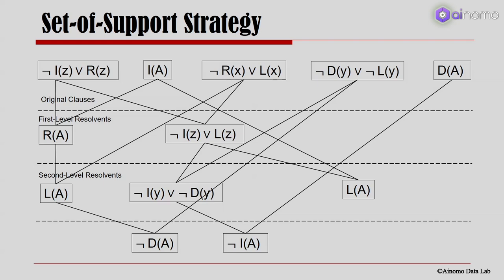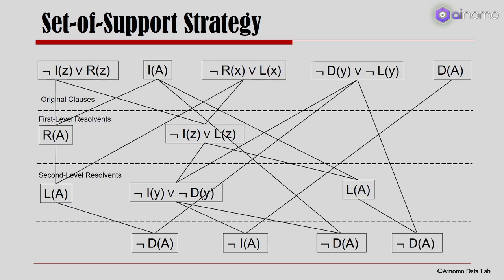But the set of support strategy was unable to get to the empty clause in its third level resolution. So, third level resolvents do not generate, in this case, the empty clause in contrast to the breadth first strategy.